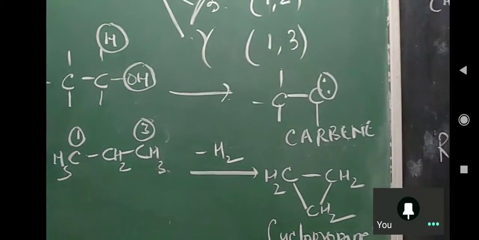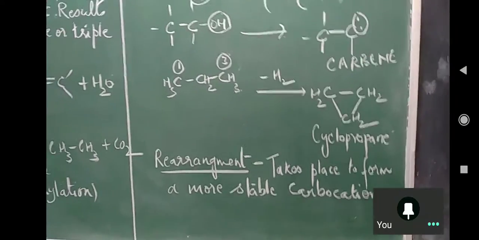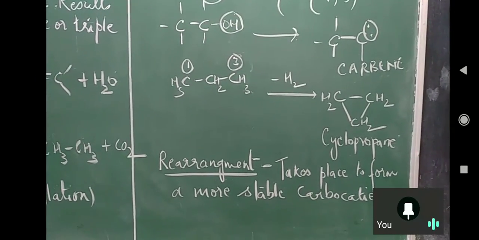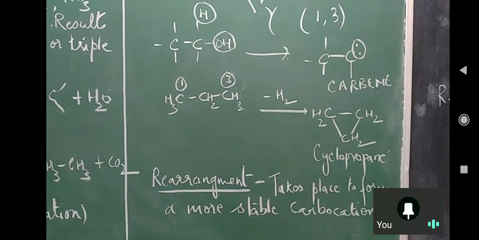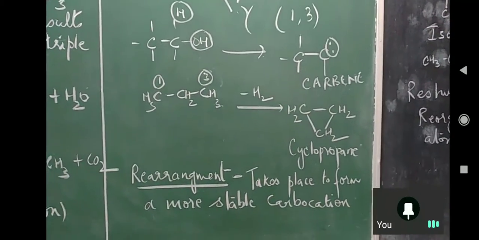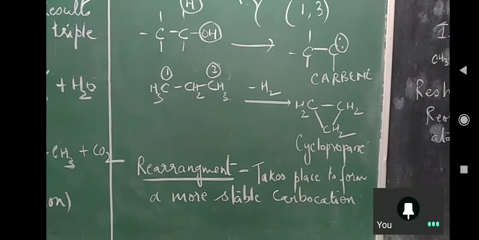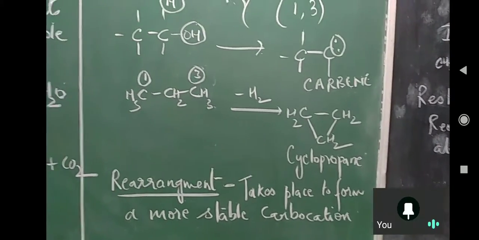Okay. Now next let us go on to rearrangement reaction. What is rearrangement? The words used are reshuffling, reorganization, means you can rearrange them, reshuffle them in a particular order. This is rearrangement. It takes place to form more stable carbocation at times.